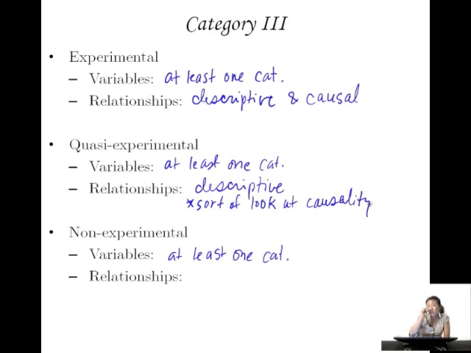It gets close. It gets as close as you can be without actually being experimental. And for non-experimental, you can only look at descriptive. So these are the 3 different kinds.